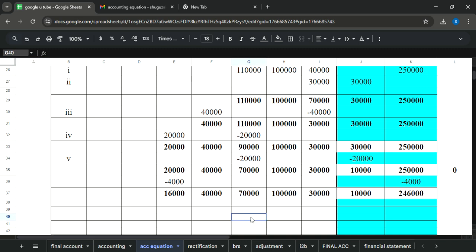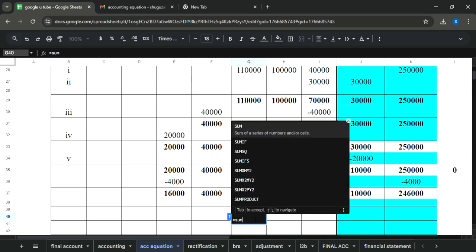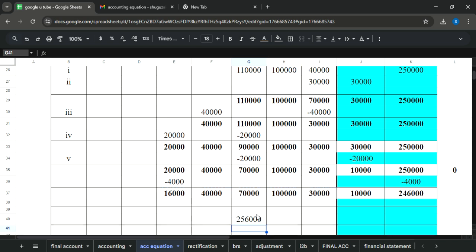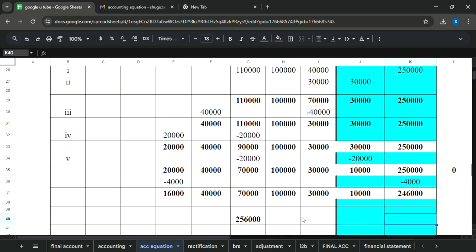Here we will take the sum of asset side. There are 5 assets: 16,000, 40,000, 70,000, 1 lakh, 30,000. The total sum we have calculated is 256,000. On the other hand, now we will take the sum of all liabilities.